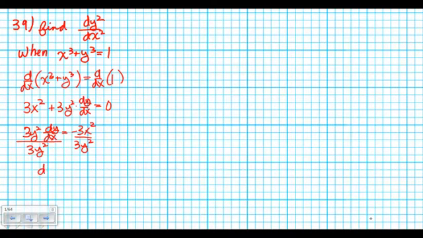And we get that dy dx is equal to negative x squared over y squared. And there's our intermediate stopping point. So far, so good.